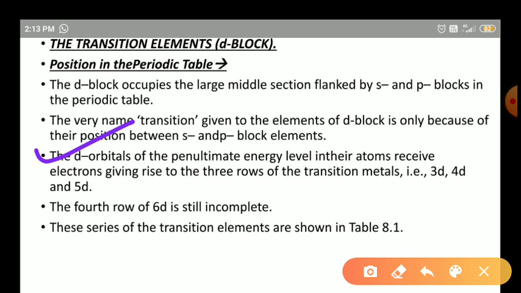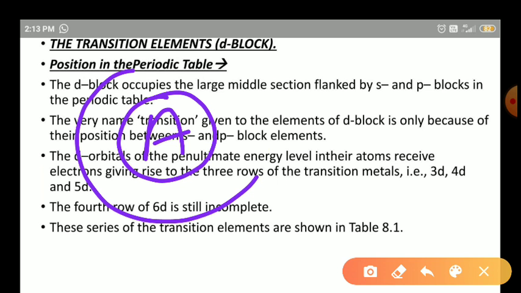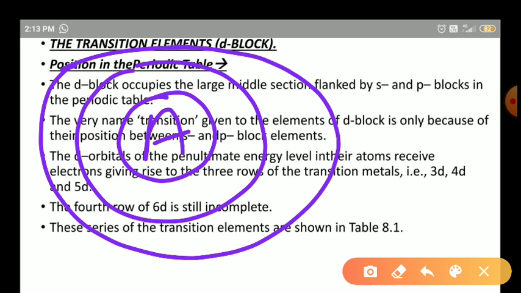Okay. So here the 3d, 4d, and 5d orbitals are present. This is the 4s2 outermost orbital.